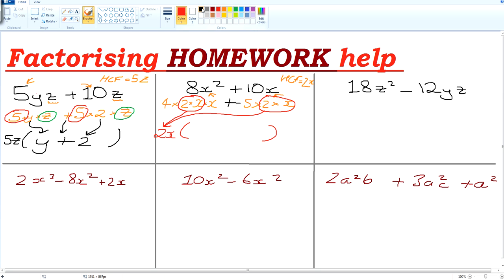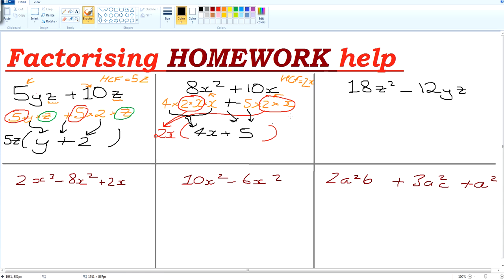What do we do next? We copy everything else down. So we're left with a 4x. Copy the plus down. Whoops. And we're left with a 5. And that's it.